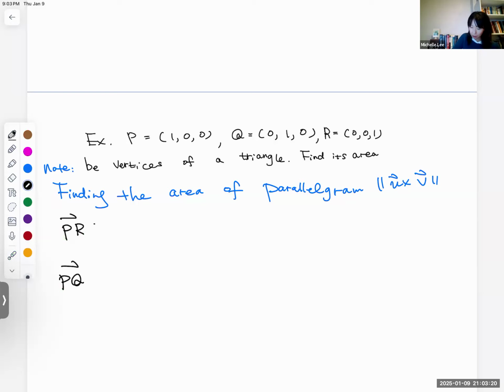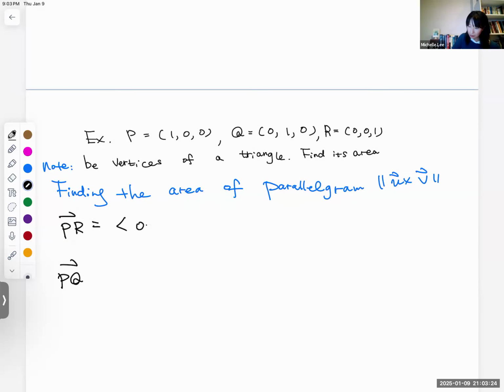That's how we make a vector. So 0 minus 1, 1 minus 0, 0 minus 0. What do you get? We get negative 1, 0, 1.